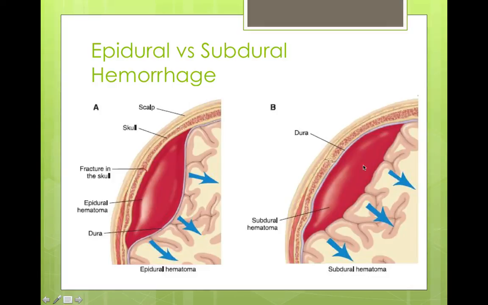And the venous bleeding in the subdural hematoma can go as much as it wants to, so it looks different. So the special words you have to remember are that an epidural hematoma looks like a biconvex lens, and a subdural hematoma looks like a crescent or a moon.